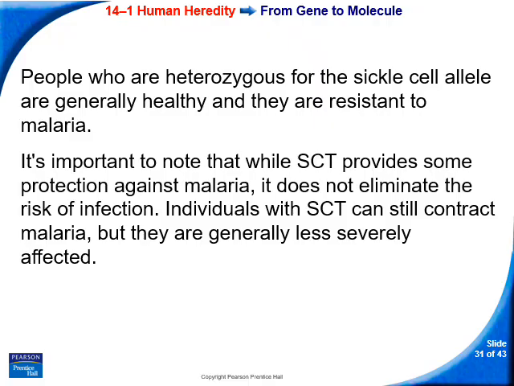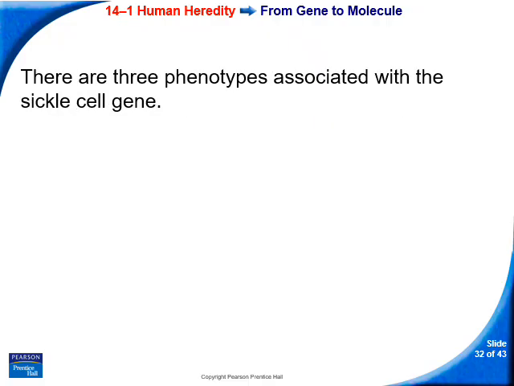They are carriers, and they are resistant to malaria. But it is important to note that while the sickle cell carrier state provides some protection against malaria, it does not eliminate the risk of infection. Individuals with sickle cell trait can still contract malaria, but they are generally less severely affected.